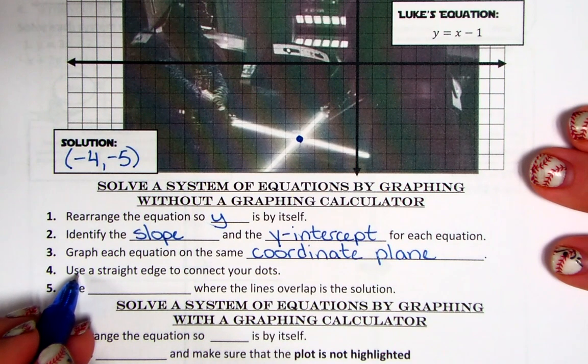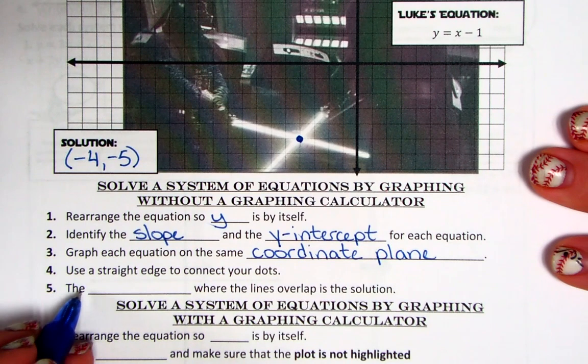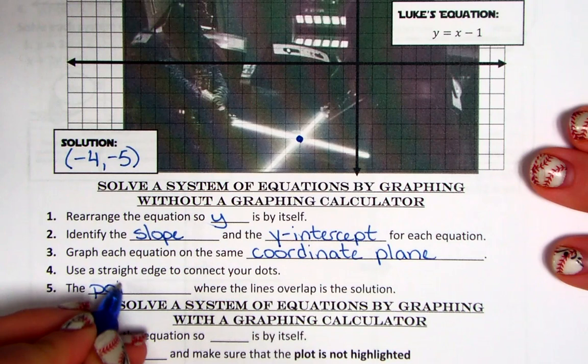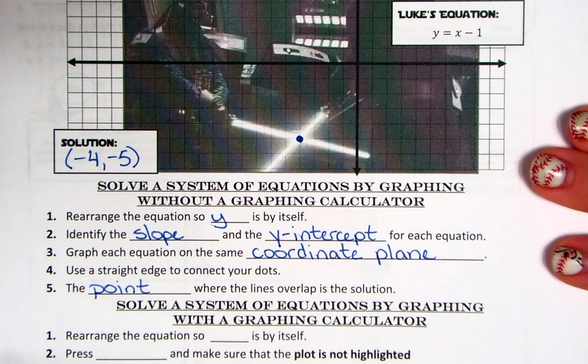Finally, we have to use a straight edge to connect your dots. Do not try to freehand these, even if you're using your graphing calculator. You need to use a straight edge because without it, you don't know if it really will go through those 2 points. And then finally, our point that they cross at is our solution.